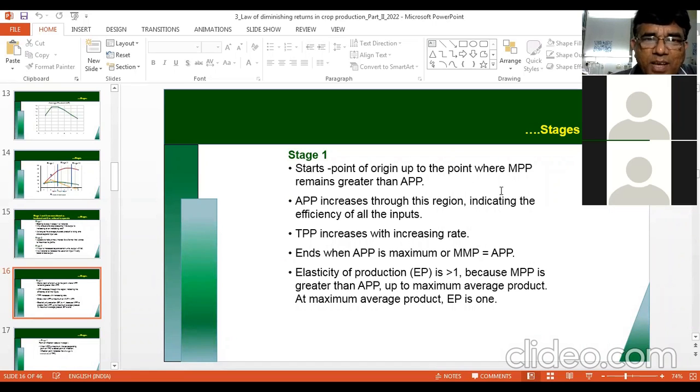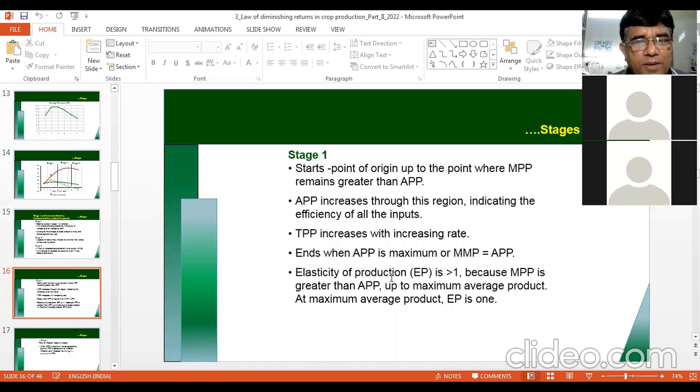So it ends where your MPP remains greater than APP. APP, average physical product, increases throughout this region, indicating the efficiency of all the inputs in stage 1. TPP increases at an increasing rate, and this stage ends when AP is maximum or MP is equal to AP.